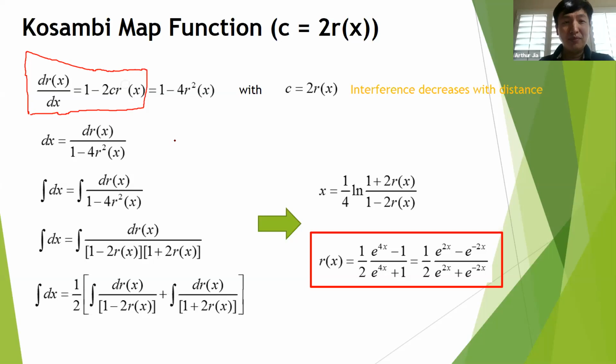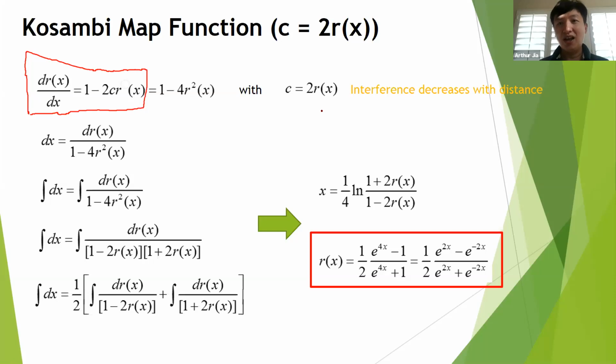Now, what is different from the Haldane map function is that in the Kosambi map function, C is not equal to 1 anymore. We let C equal 2 times R of X. This means we do not assume independence at all.